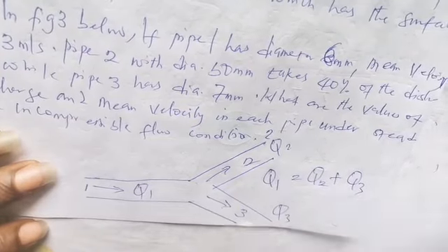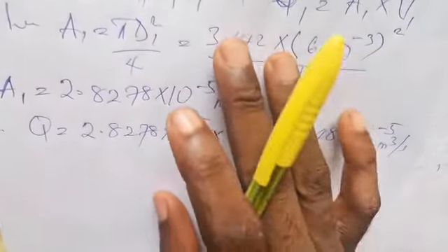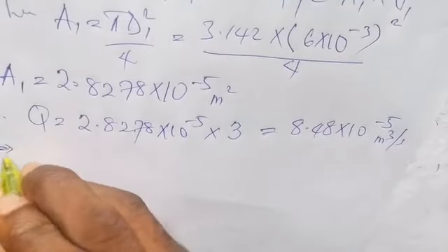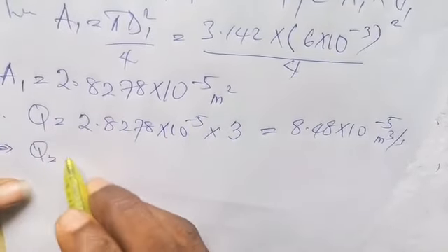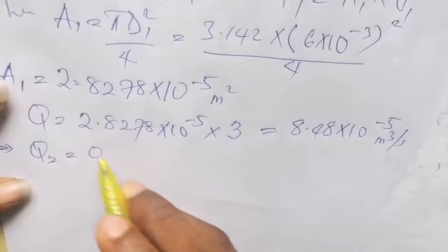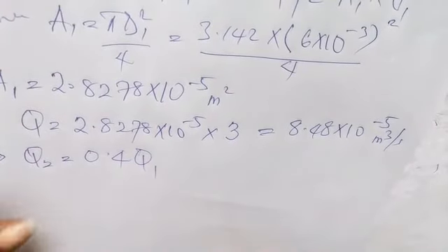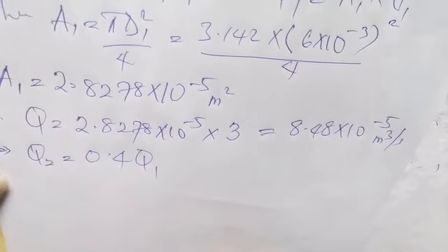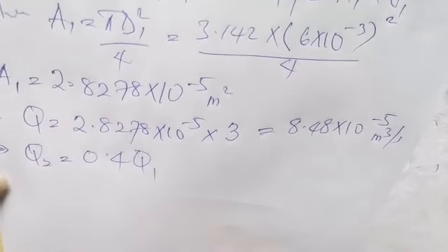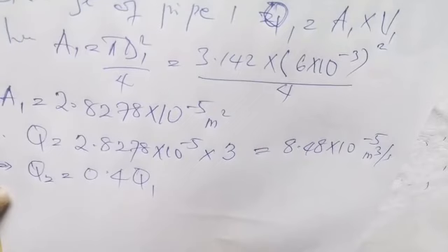Therefore, from the condition, this implies Q2 is equal to 0.4 of Q1, because Q1 is the source pipe that supplies the fluid to all the other pipes.